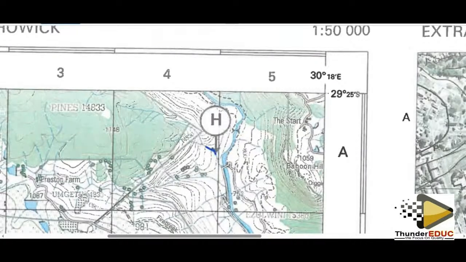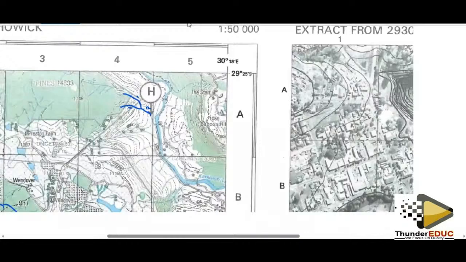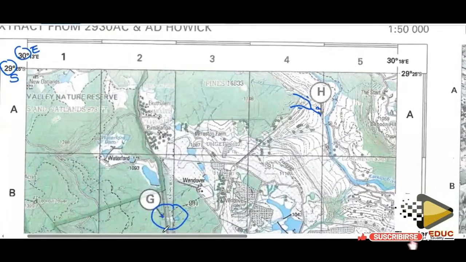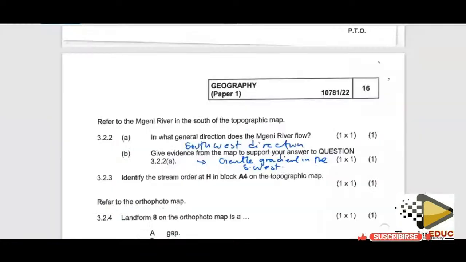If we draw this stream nicely, you can see the other stream, right? It means there is 1 and 1, which will give us a 2-order stream at H. So meaning there would be a 2-order stream.